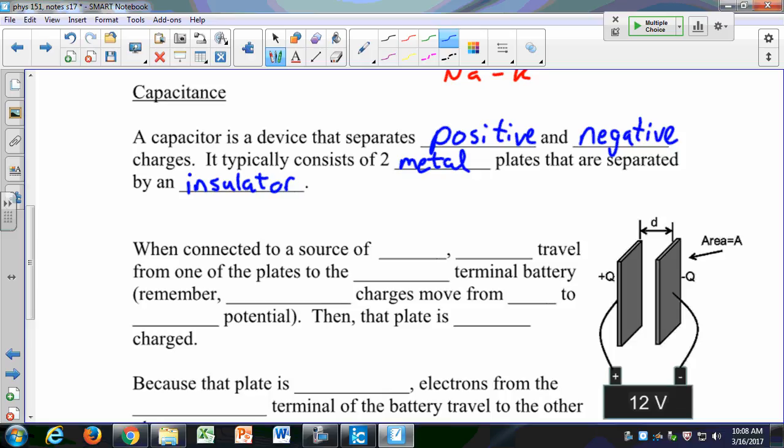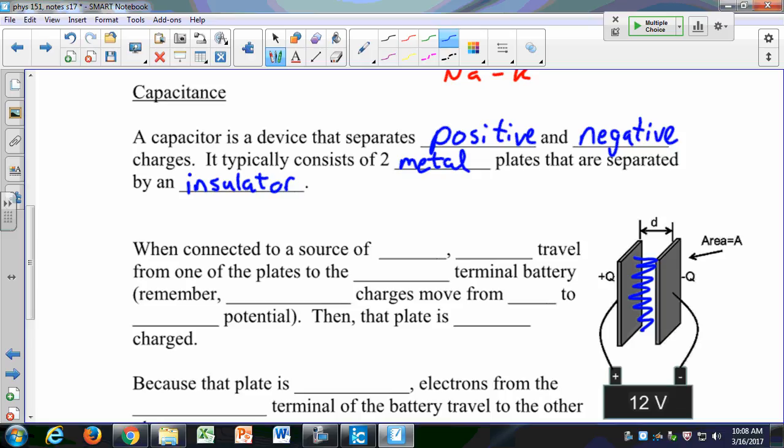Here is a cartoon version of a capacitor. You have two metal plates, and then usually you have an insulator in between them. Although air is an insulator, so you don't have to. You could just have space in between them, or air, or nothing at all. Just something that doesn't conduct electricity.